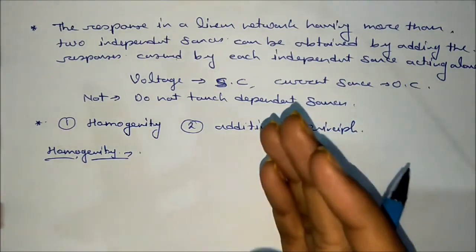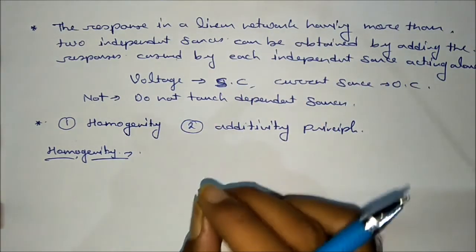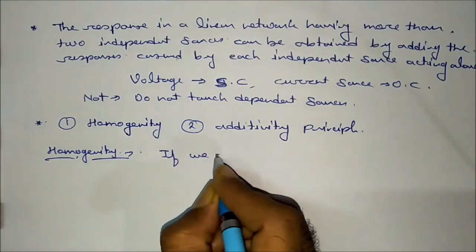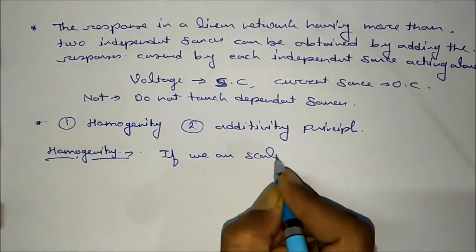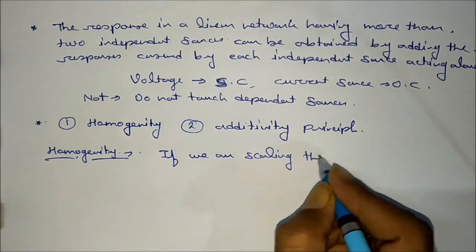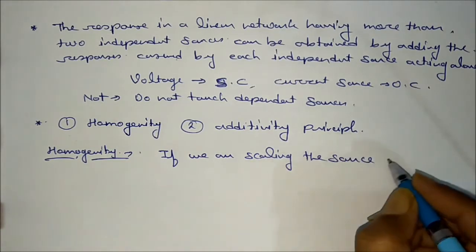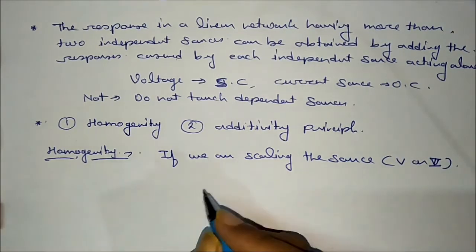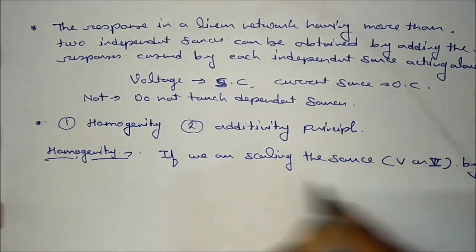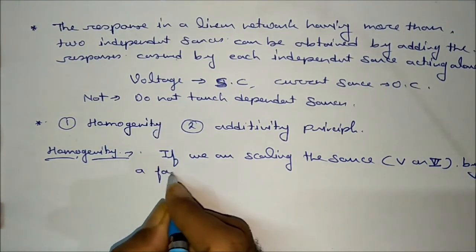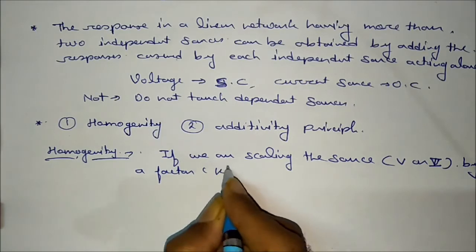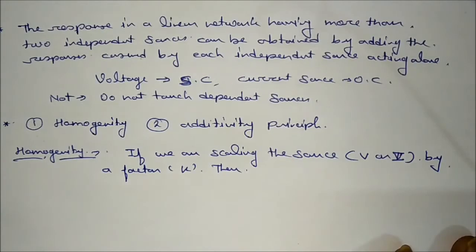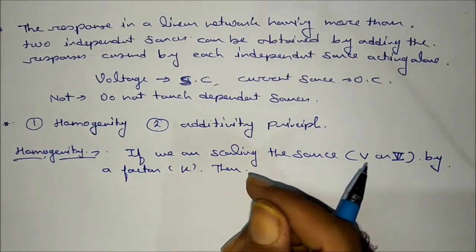Now what we are going to discuss here is that if we scale the source, whether it is a voltage or current source, by a factor k, then all the responses present in the network will be scaled.